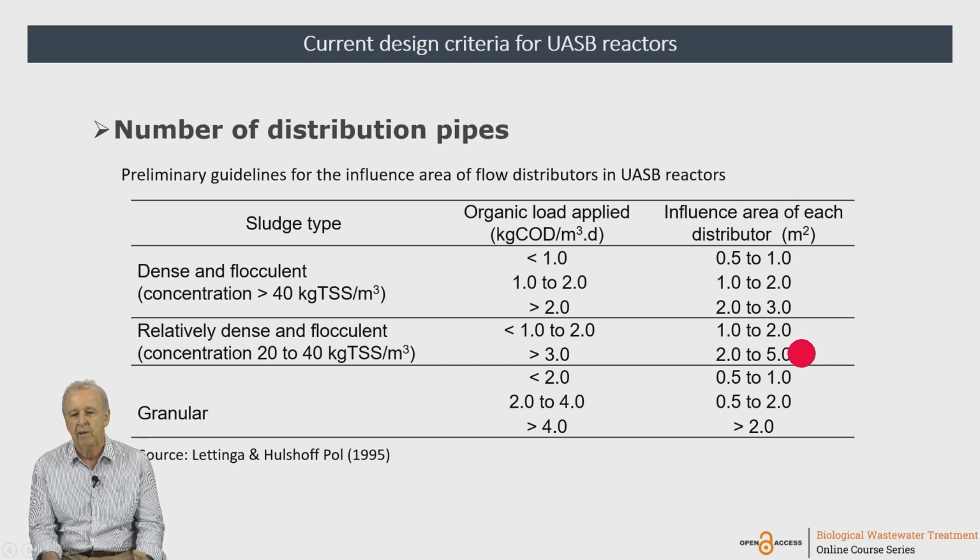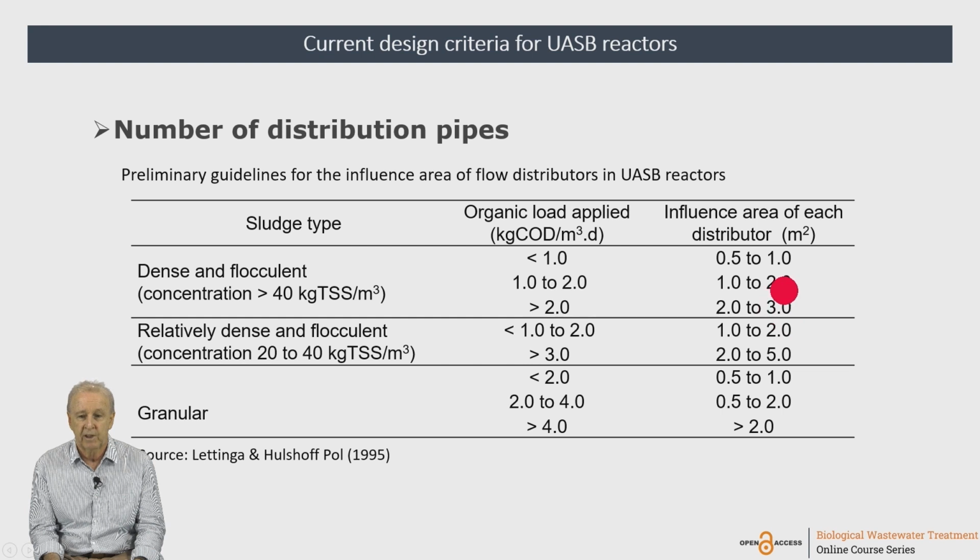It means that we have, let's say, one reactor with 100 square meters of bottom area. If you apply 5 square meters per distribution pipe, it means that if we divide 100 by 5, we would need 20 distribution pipes. That's the way we estimate the number of distribution pipes.